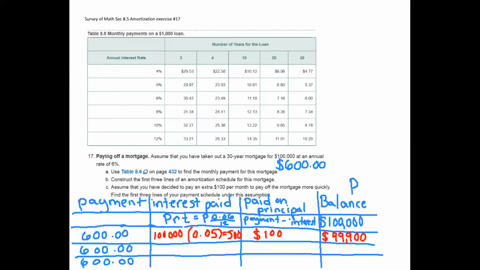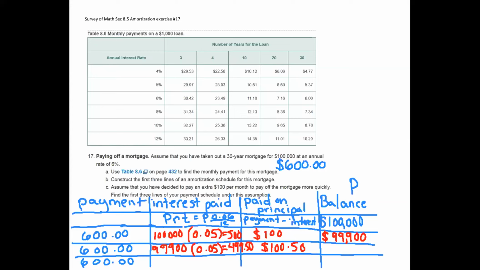But now when we make the second month's payment, our P is now 99,900 times 0.06 divided by 12, which is 0.005. And now on the second monthly payment, we've actually paid only $499.50 toward the interest, which means we were able to pay $100.50 toward the principal.